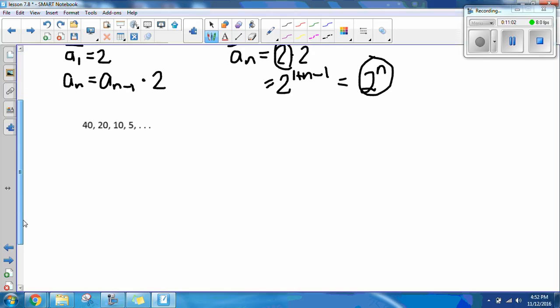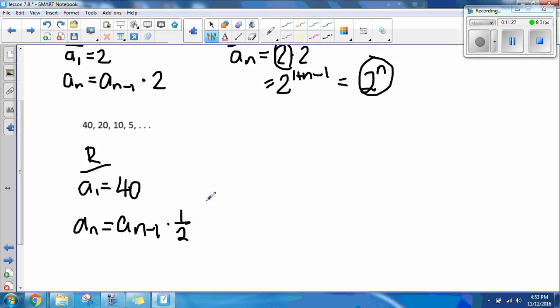Let's look at this one. 40, 20, 10, 5. So our recursive, remember I always identify the initial value. So that's 40. And the next term is always determined by the previous term times the common ratio, which in this case is 1/2 or 0.5.